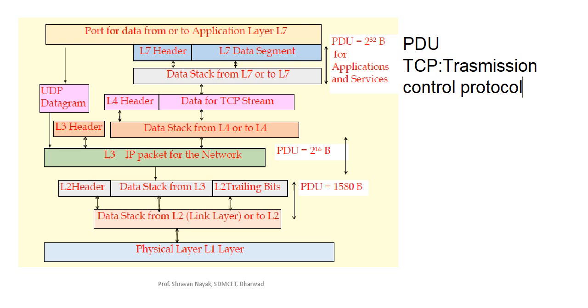Now a data segment is accepted from layer 7 for the transportation layer, the L4. This is the layer L4. This L4 generates a TCP stream, the transmission control protocol stream.